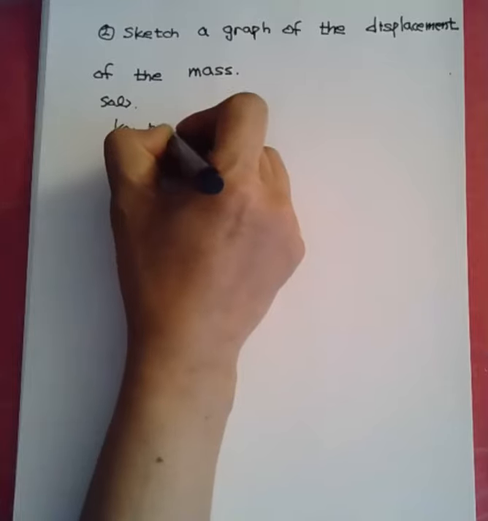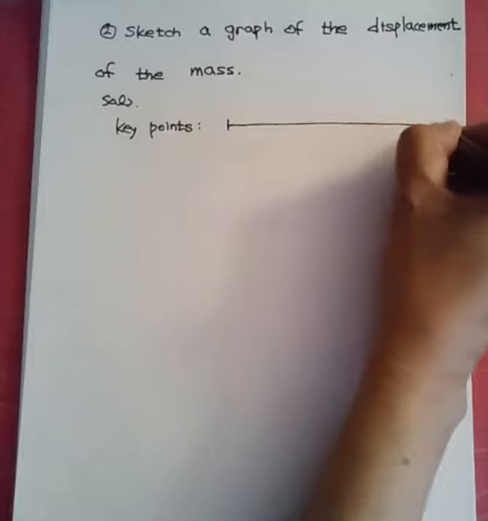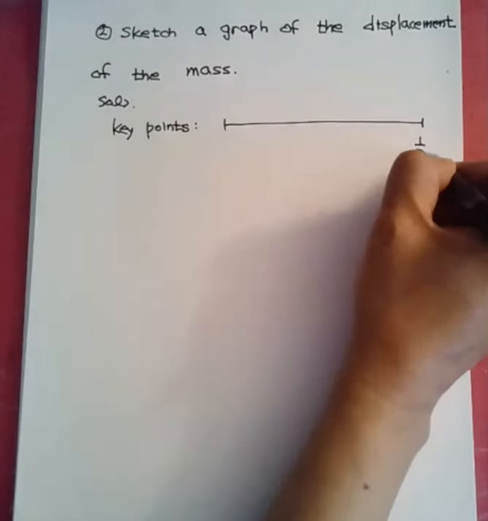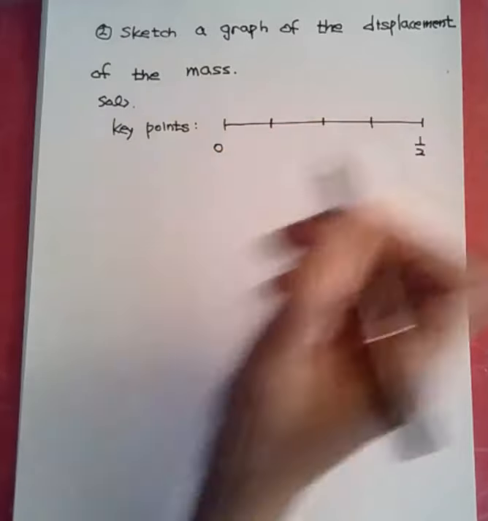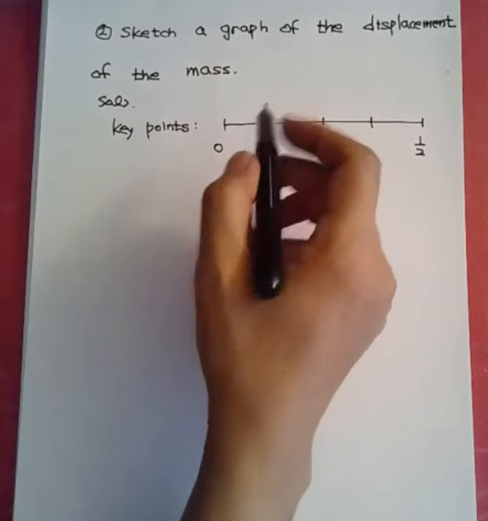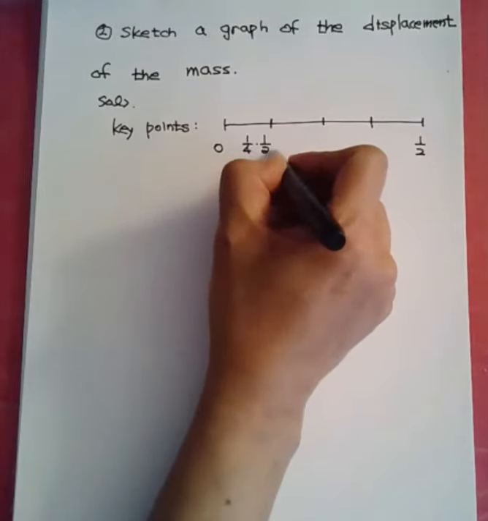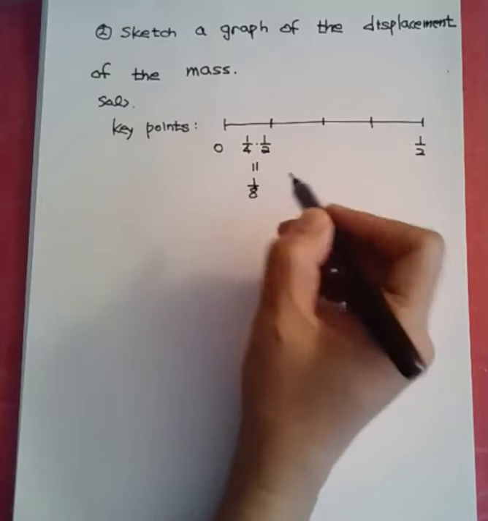Let's clarify the key points. The period is 1 over 2. Key points divide that interval into 4 equal intervals. So 1 over 4 times 1 over 2 is the first benchmark. That is 1 over 8.